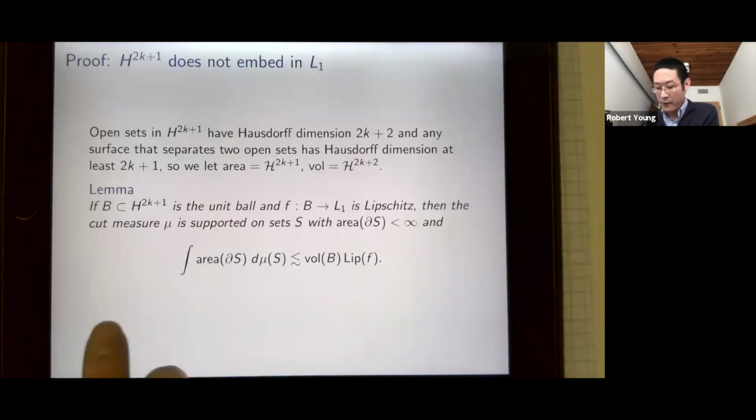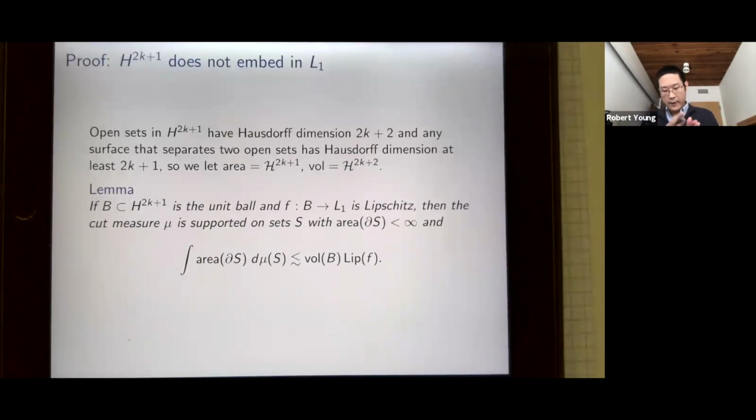And then we can state the following. If we have a Lipschitz map from the ball to L1, then the corresponding cut measure is supported on finite perimeter sets, on sets where the area of the boundary is finite. And furthermore, the total area of the boundary of those sets is bounded by the Lipschitz constant of the map.